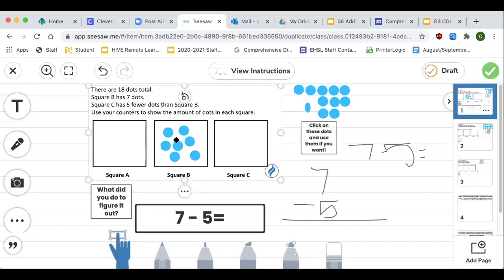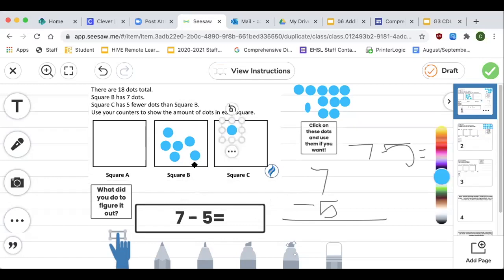Maybe I move dots, but not that dot. But here's the thing, it says, what did you do to figure it out? That's the question you're being asked. So you need to say and show how you figured out the answer to this problem.